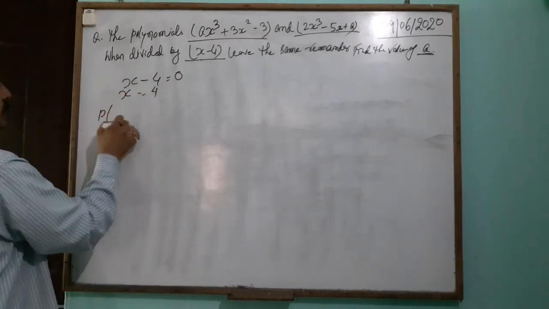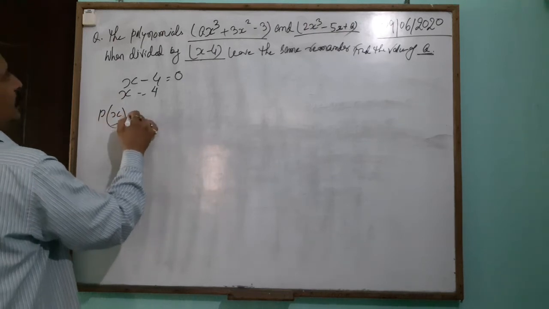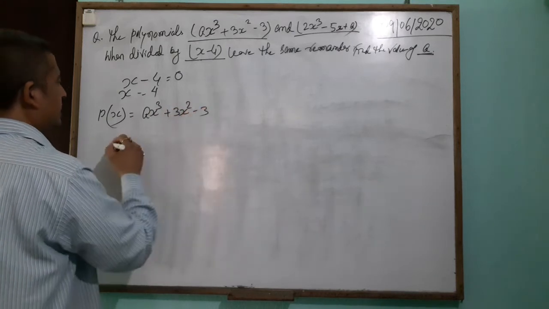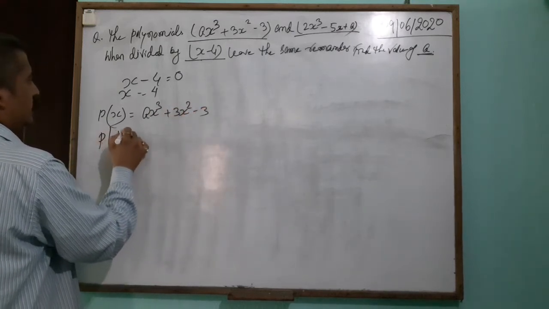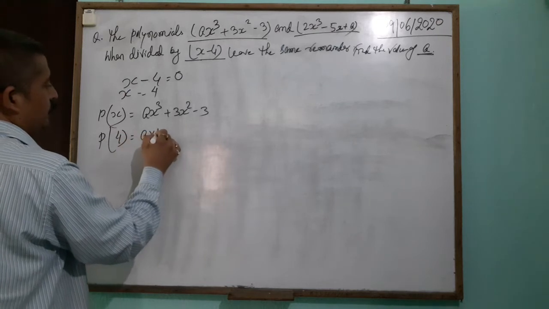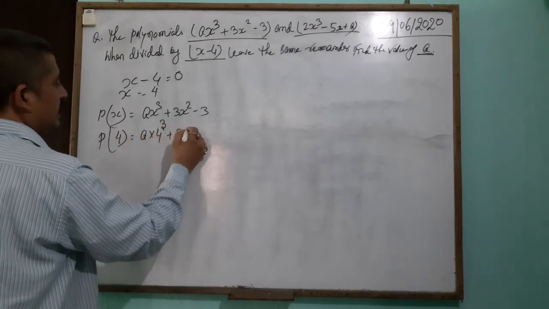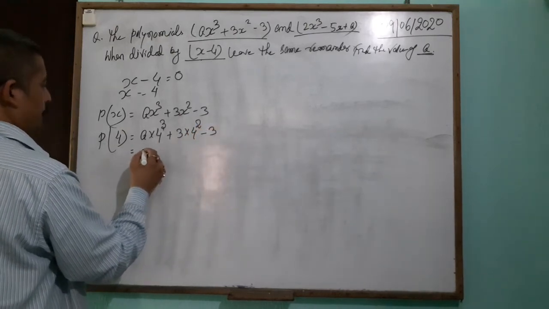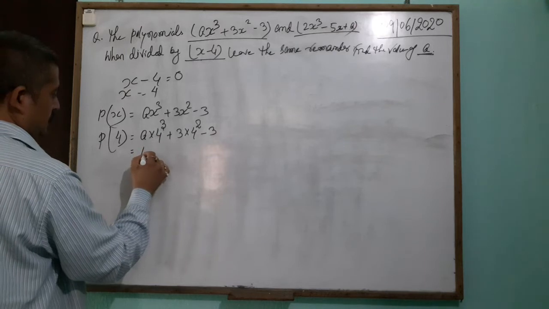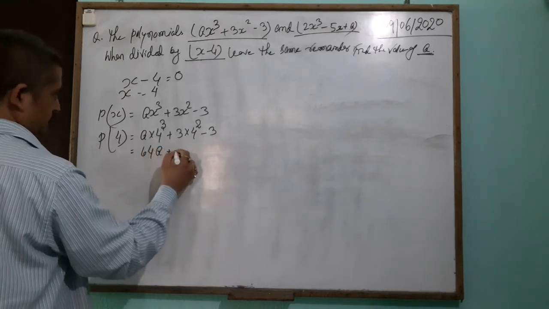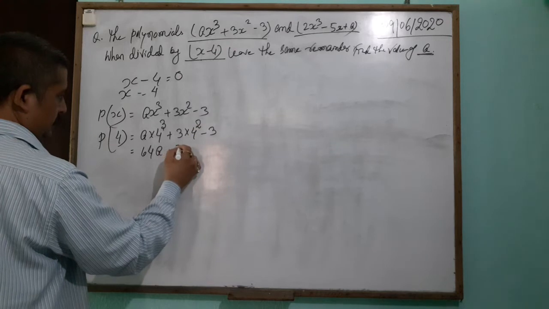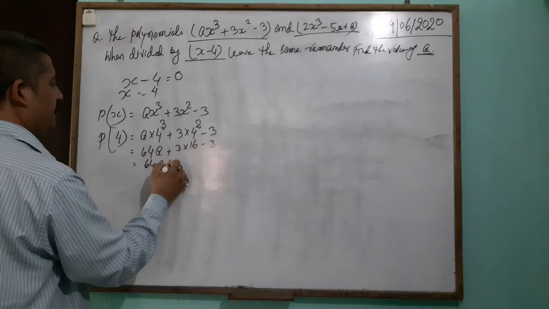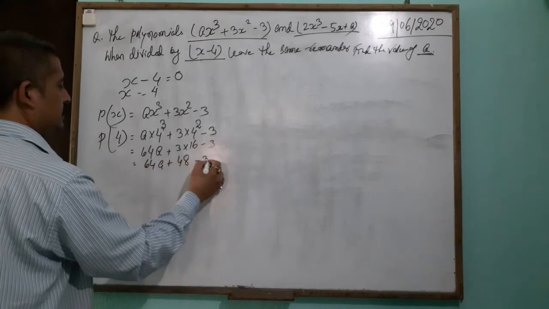So first p(x) equal to ax cube plus 3x square minus 3. So you can put x का value 4. So a into 4 का power cube plus 3 into 4 का square minus 3. 64a plus 3 into 16 minus 3. 64a plus 48 minus 3.